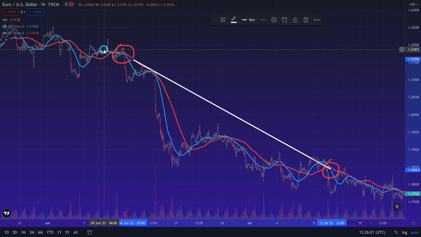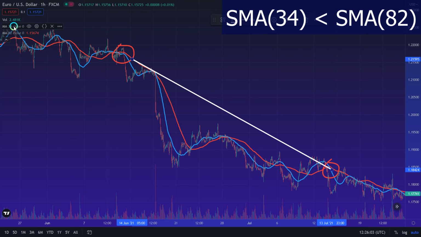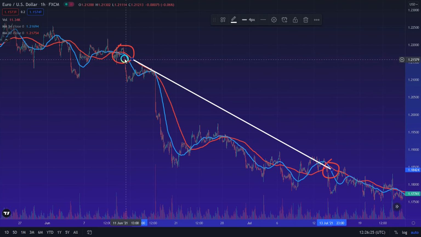So first, what we need is that the first moving average, which is the 34 one, has to be below the 82 period moving average. This is a sell trade, and it is quite obvious, and so here I show you the sell entry and sell exit rules.